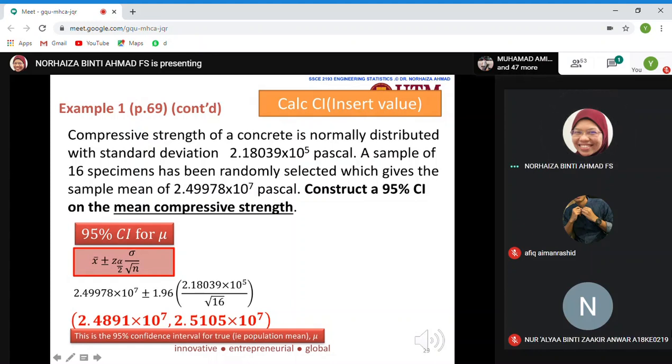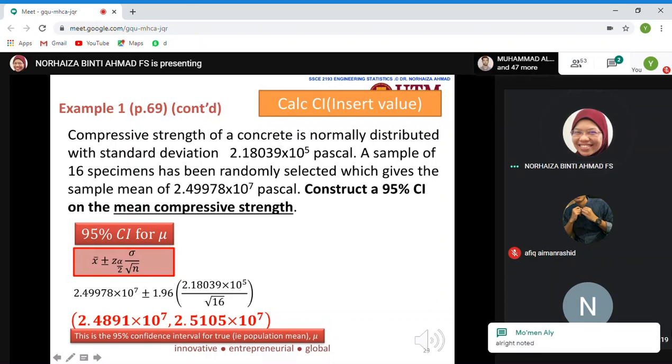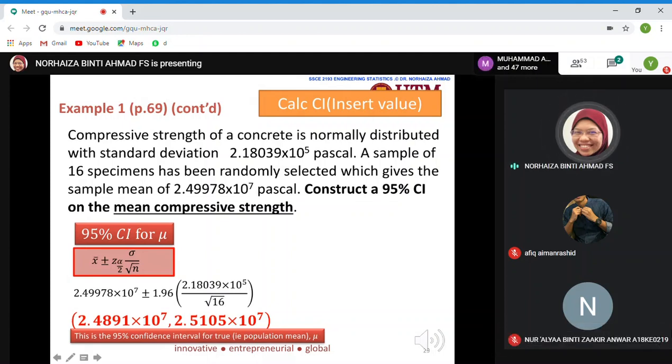Now, my question I'm posing to you is this: from the passage, we know that the 95% confidence interval is between 2.489 and 2.5.